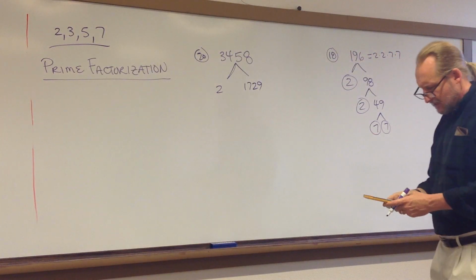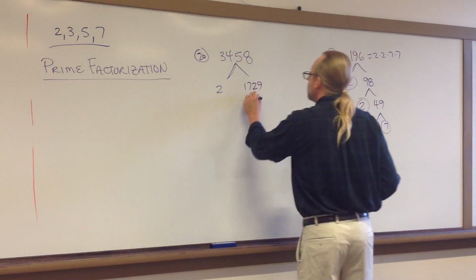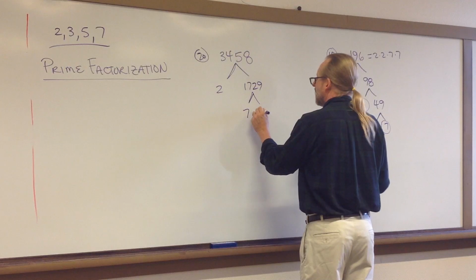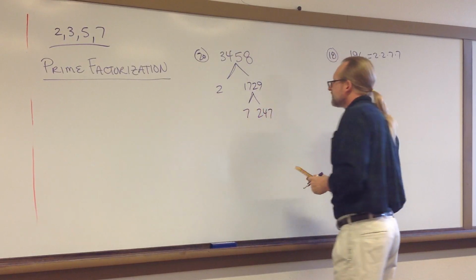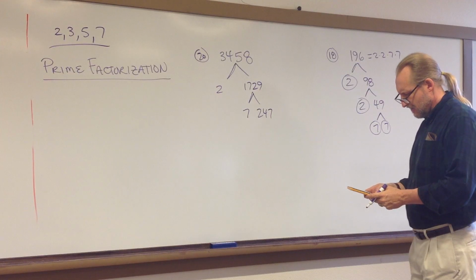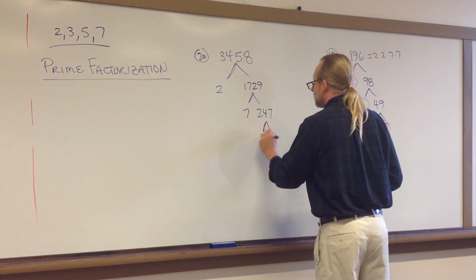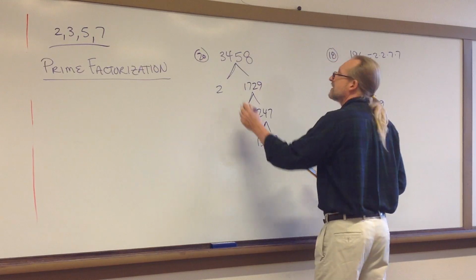What about 7? 1729 divided by 7. There it is. 7 times 247. Now, 247 is 13 times 19.